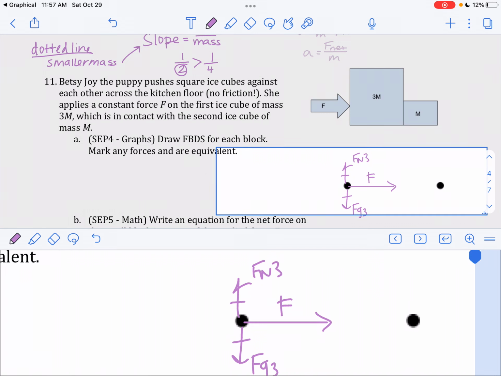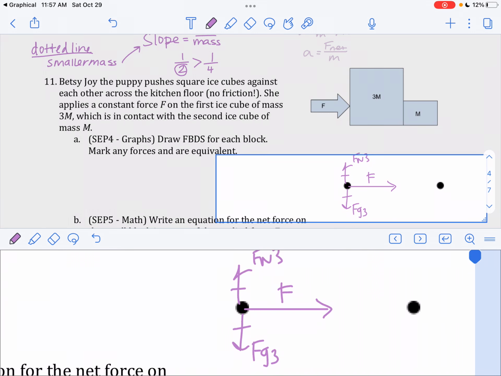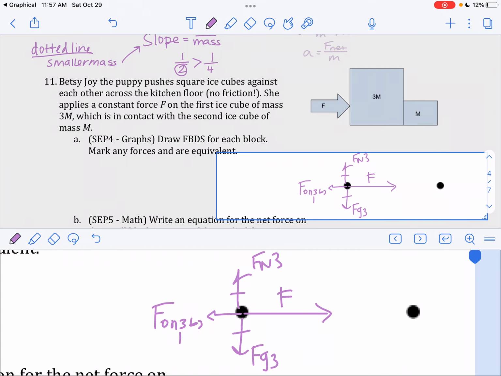Those are going to be balanced. But I also have a force on the 3 by the 1m. And I also have a force on the 1 by the 3. Notice they're equal and opposite. They're opposite directions.